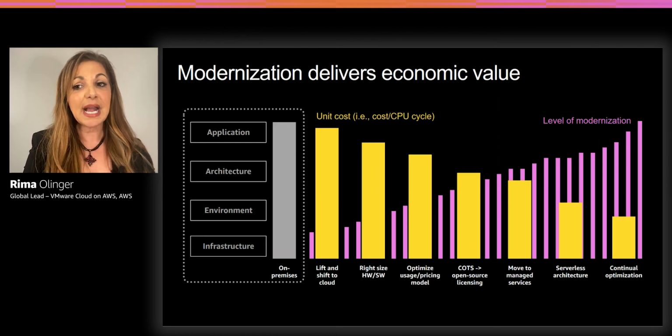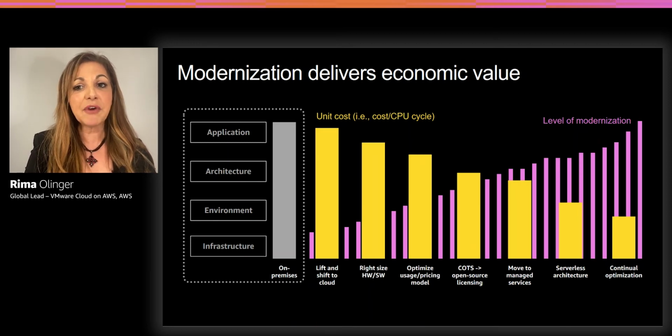Then by adopting higher level modernization approaches and services, customers experience even further cost savings, with many seeing savings of 60% or more. These savings can be reinvested into driving more innovation and value-adding activities.